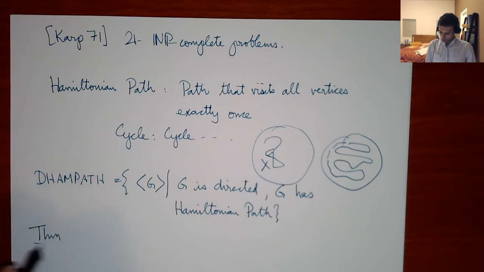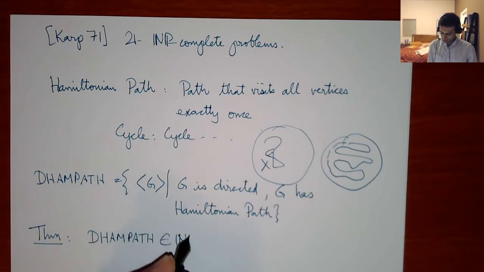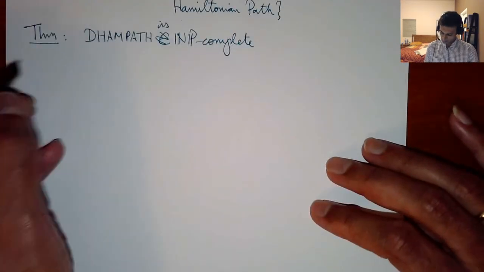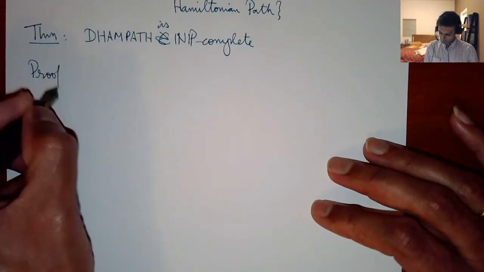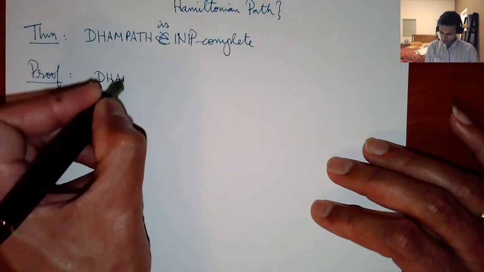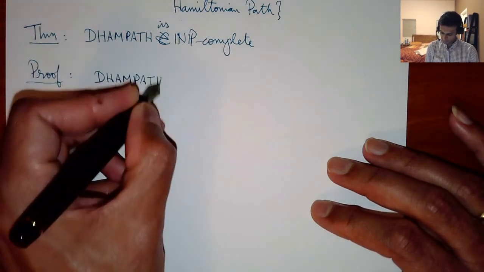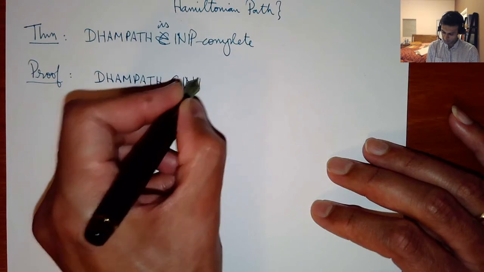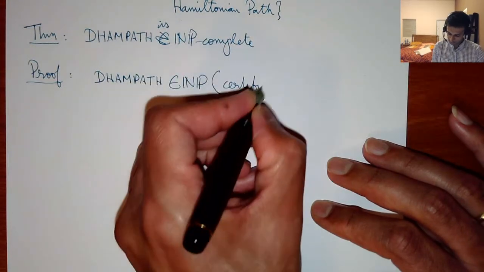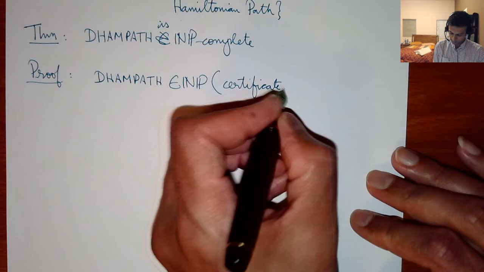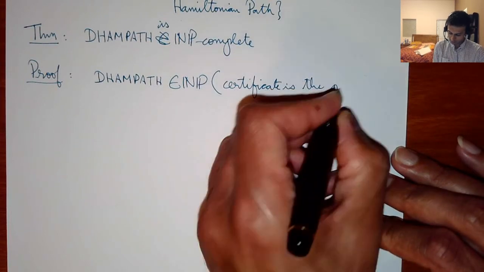And so our theorem is that the directed Hamiltonian path is NP-complete. So firstly, directed Hamiltonian path is in NP, and the certificate is the path, which is easy to verify.